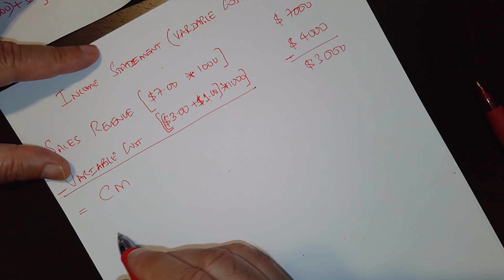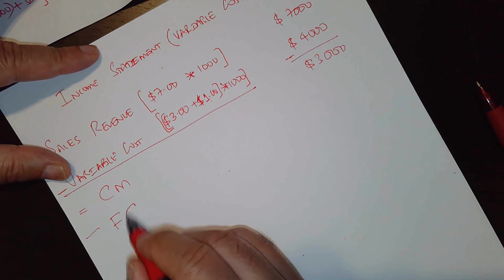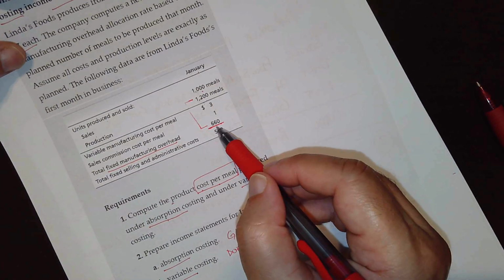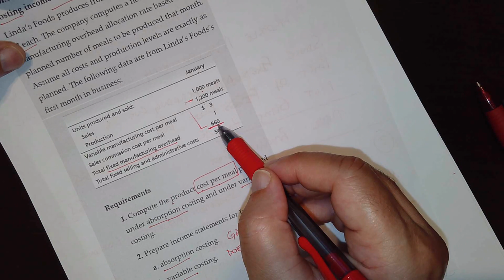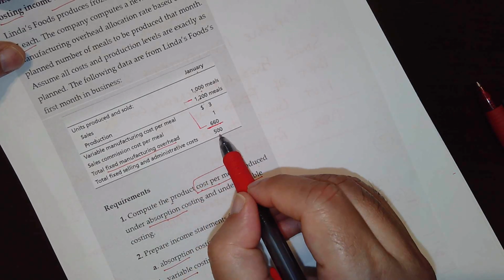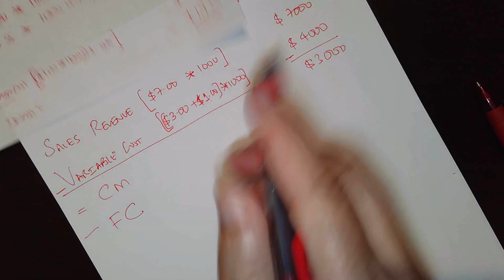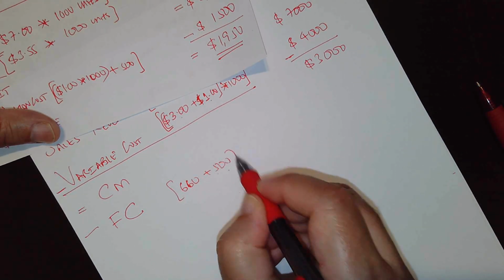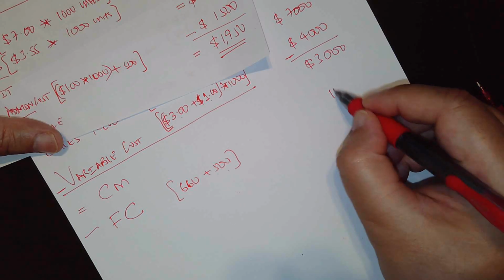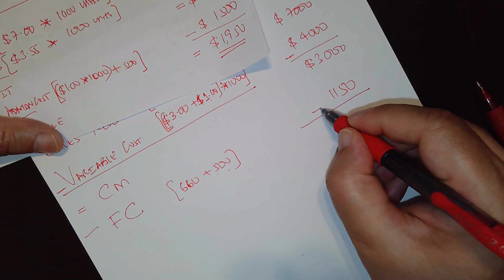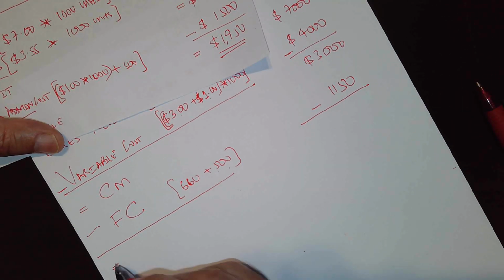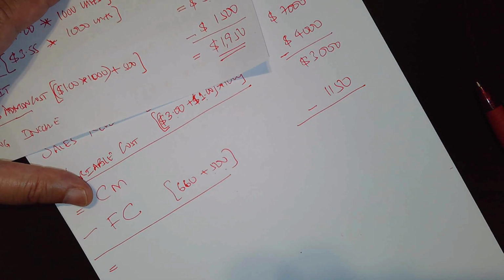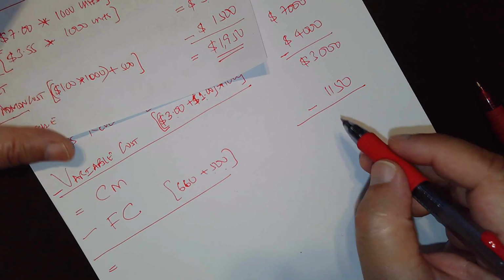Then we have to subtract the fixed cost, and we have two fixed costs. One is the total fixed cost of 660 and a fixed selling and administrative cost of 500. So 660 plus 500 is 1,160.